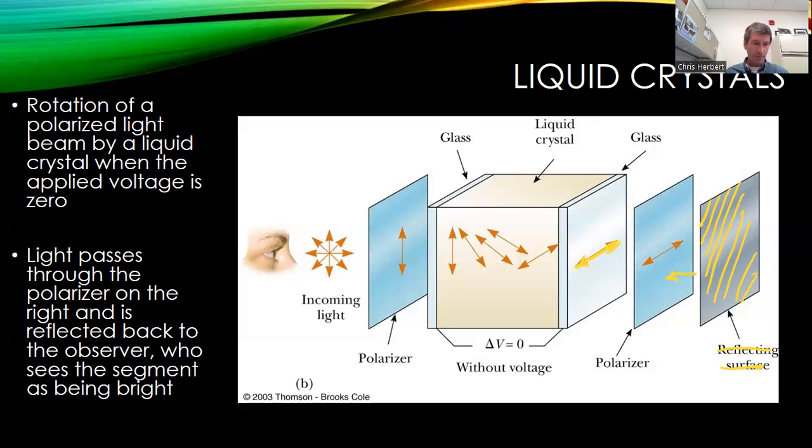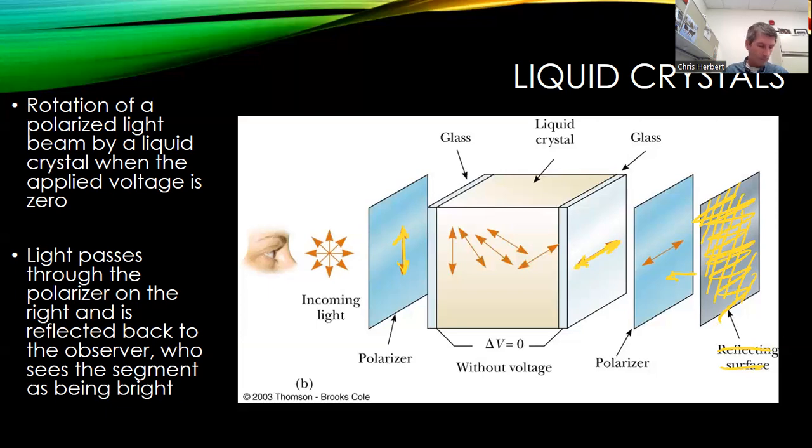Without any voltage, the liquid crystals are going to actively rotate the orientation of the polarization. Okay, they're optically active, so we get this rotation of the axis. So if we make the liquid crystal just the right thickness, we are going to get a rotation of 90 degrees, which means that none of this light over here is going to make it through the liquid crystal. What will I see? I'll see a black display. I'll see no light.